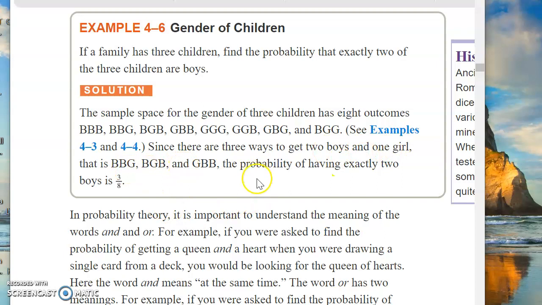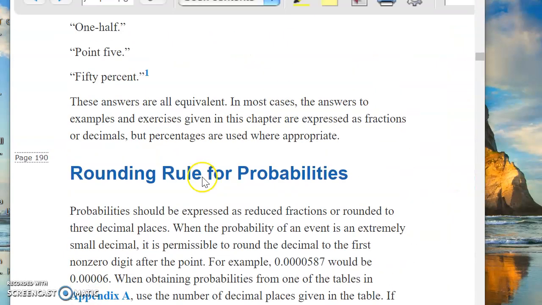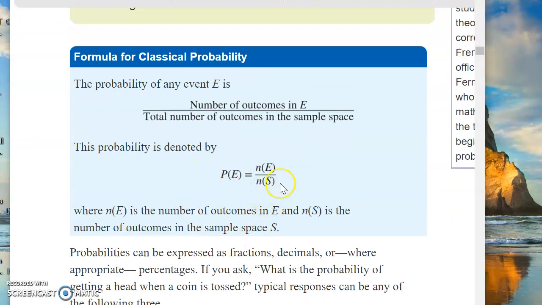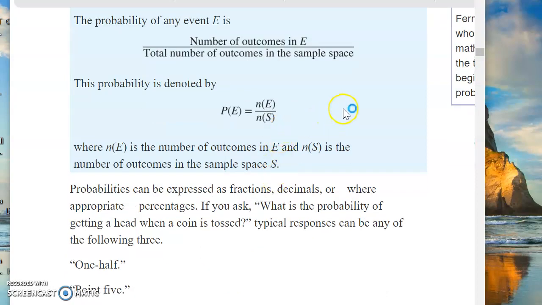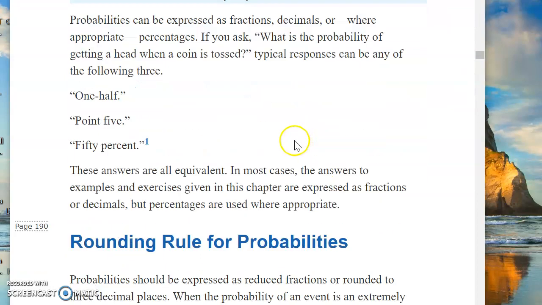The probability of having exactly 2 is there's 3 ways of getting what you want. So the 3 is on the numerator, on the top, and in the denominator is how many ways there are in the sample space. So you just kind of bounce back and forth. On the top you have the number of outcomes that meet the requirement, and on the bottom you have the number of outcomes that are in the sample space.